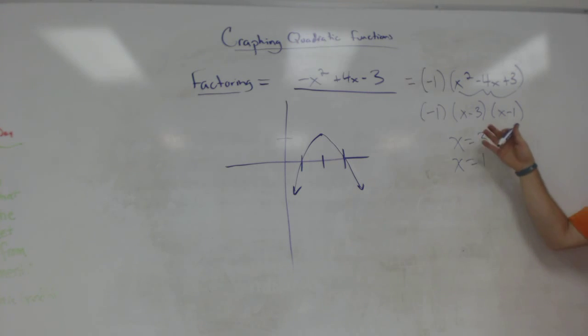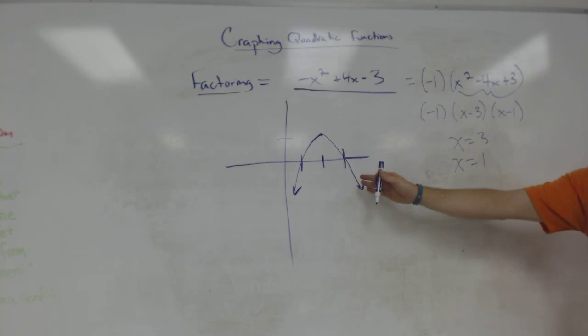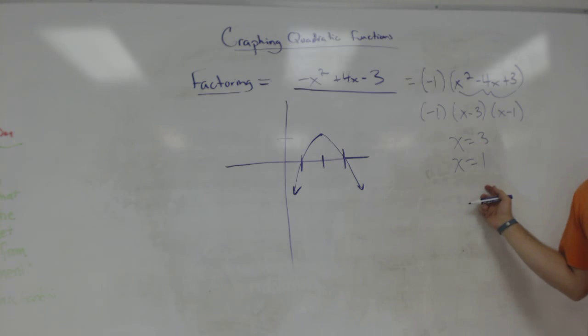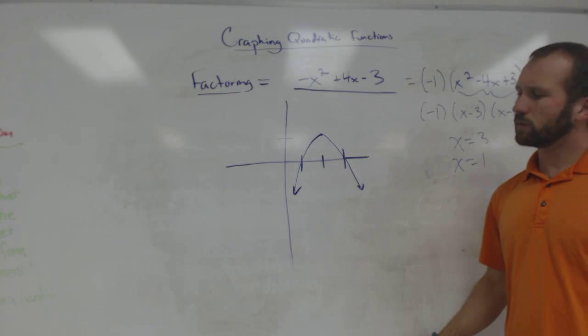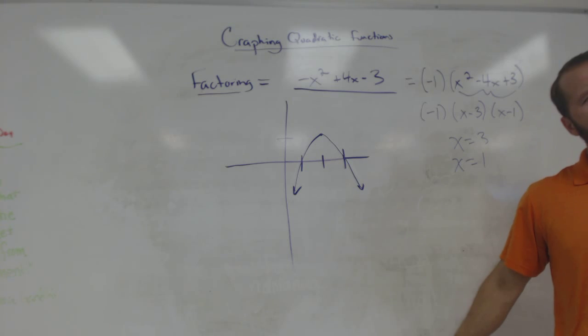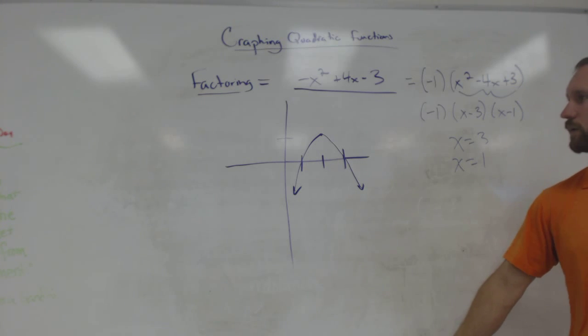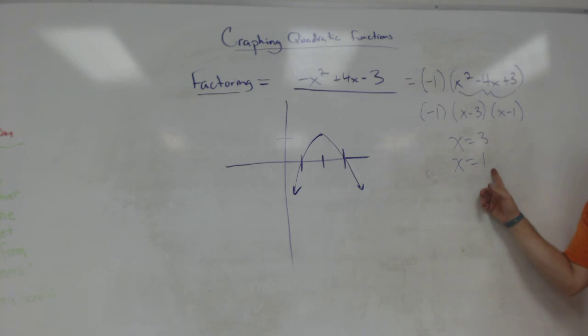What does this mean on our graph? If I factor this, what does that translate to on the graph? So I find the zeros. What does that translate to on the graph? What have I just found? Where is x equals 3 and x equals 1?